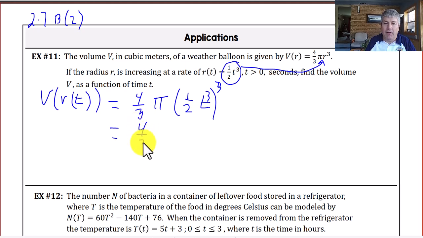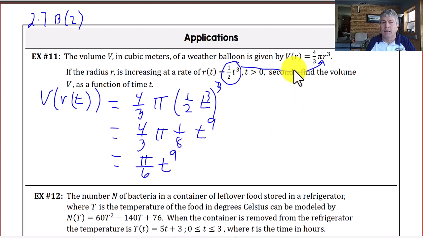And simplifying our function, we get 4/3 pi, 1/2 cubed is 1/8, t to the 9th, and our fractions simplify to 1/6 pi, or pi over 6, t to the 9th, and then that would be in cubic meters, or meters cubed.